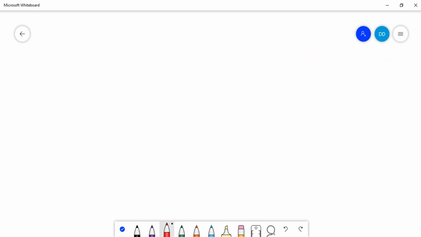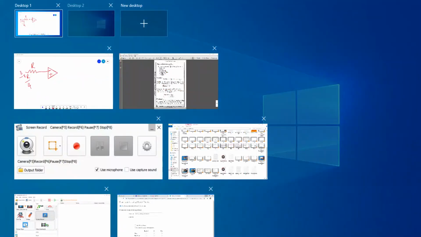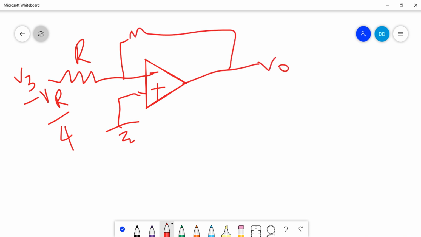So we draw the next circuit. Next circuit is minus, this is plus. The resistor over here is R. Input here is minus VR by 4, which is nothing but V3. And this is ground. And we have V0 over here. This is 2R.